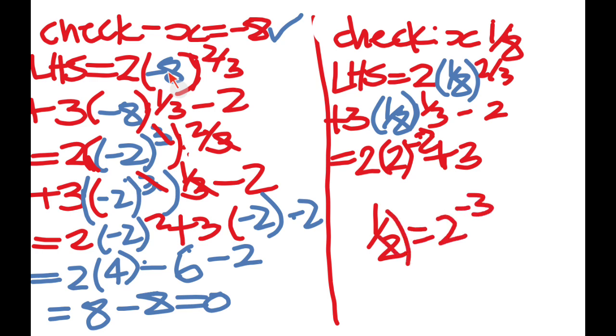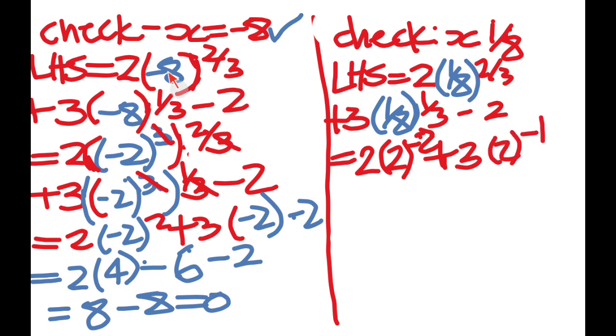So when you raise that to the power of a third, the 3's cancel and you're left with 2 to the power of negative 1. So that's 3 times 2 to the power of negative 1, minus 2.